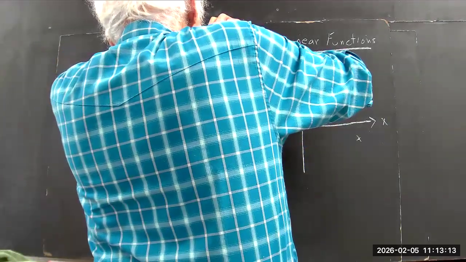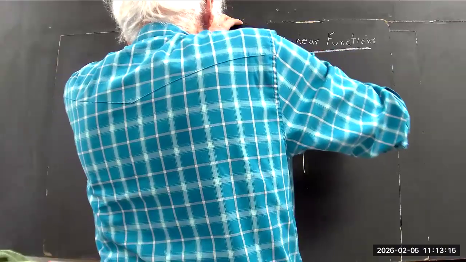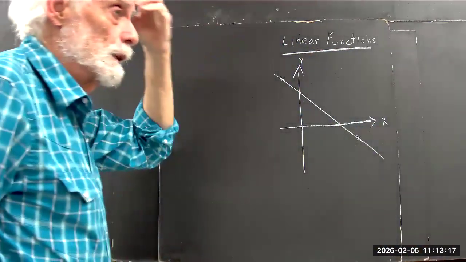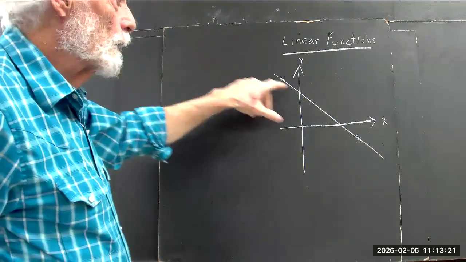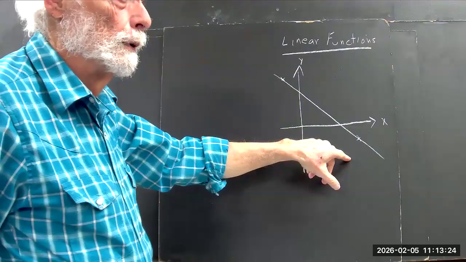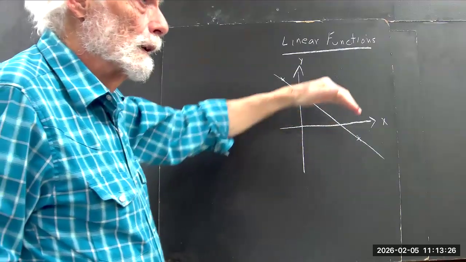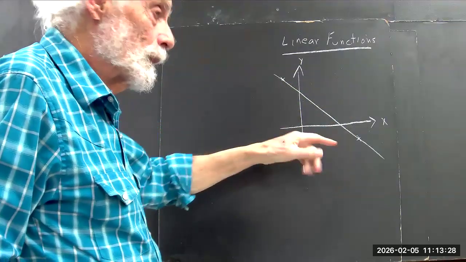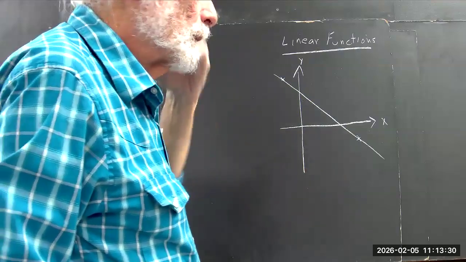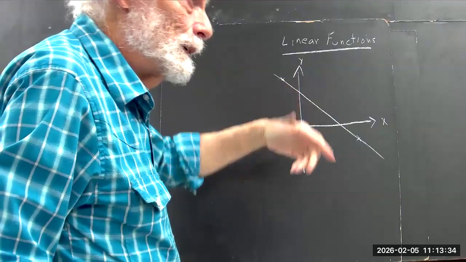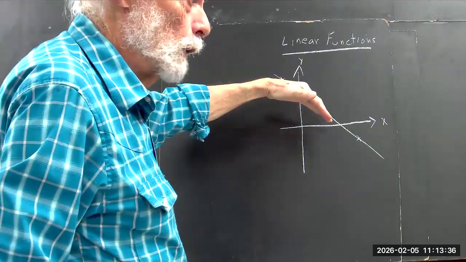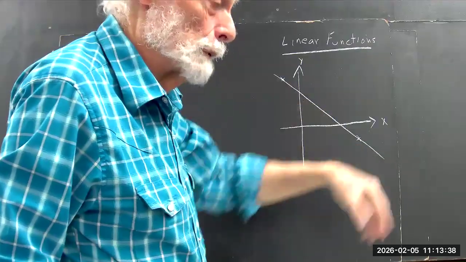Now, a little hard to make this work right, but there we go. I managed to hit both points. Okay. There is exactly one line that can go through these points. If the line is a little higher or a little lower, it's not going to hit both points. If it has a different slope, maybe it'll hit one point, but it's going to miss the other one.